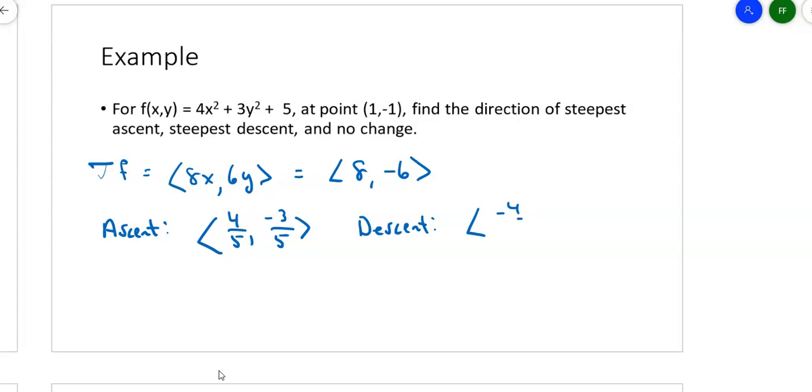So I'll get negative 4/5, positive 3/5, and then no change would just be the perpendicular. So switch and change the signs. So maybe make it positive 3/5, positive 4/5. Sometimes you could put a plus or minus in the front here. That plus or minus just indicates that it could actually go in either direction and you would still be okay.